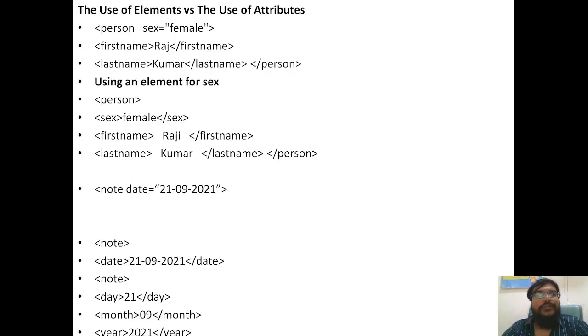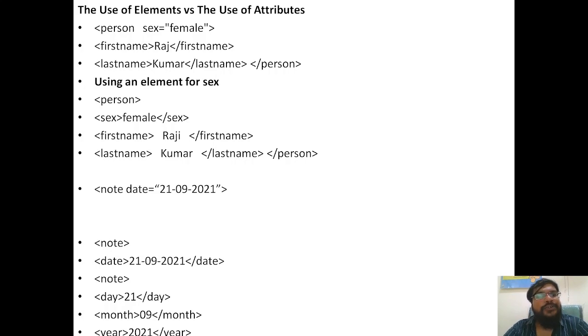And next we will be talking about the use of elements and the use of attributes. If you say, for example, person space sex equals female, here we are describing the person as a female, right? So we are describing the person tag by using an attribute, sex.